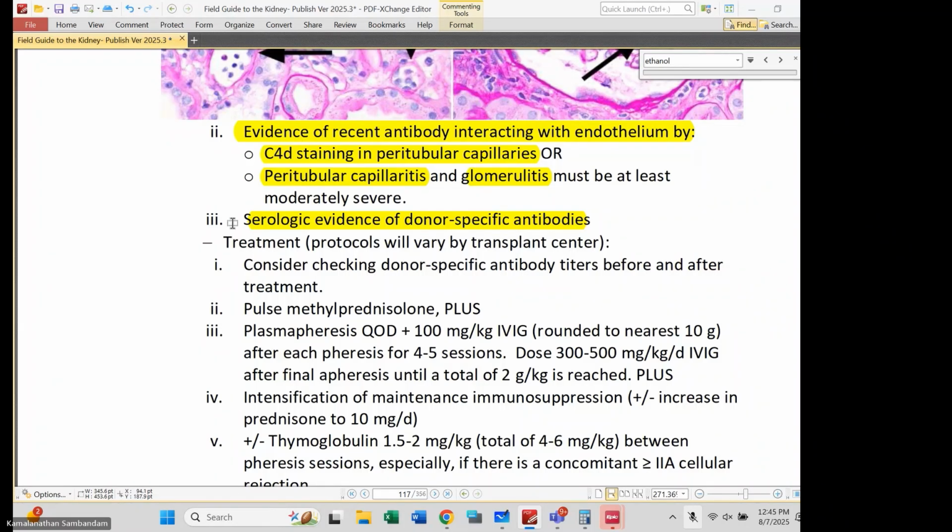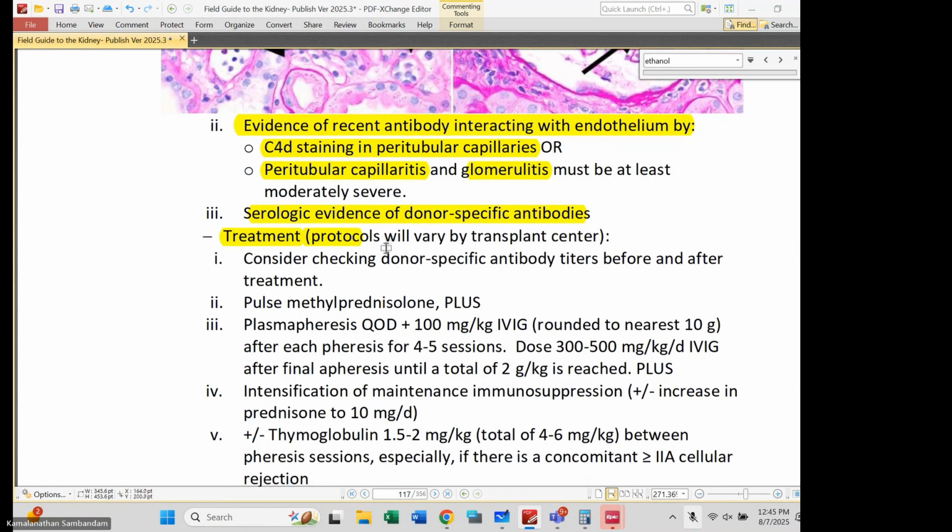All right, so treatment. Obviously, this is variable according to the transplant center. Many transplant centers look for donor-specific antibodies and they titer them. These are all qualitative tests. The unit of measurement for our lab is mean fluorescence intensity, MFI.